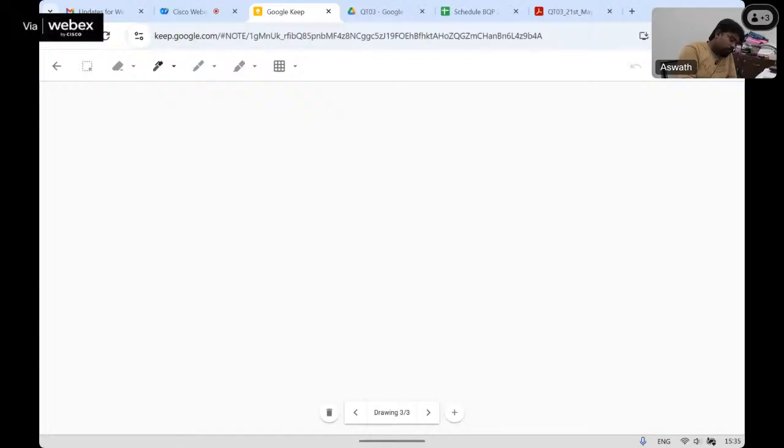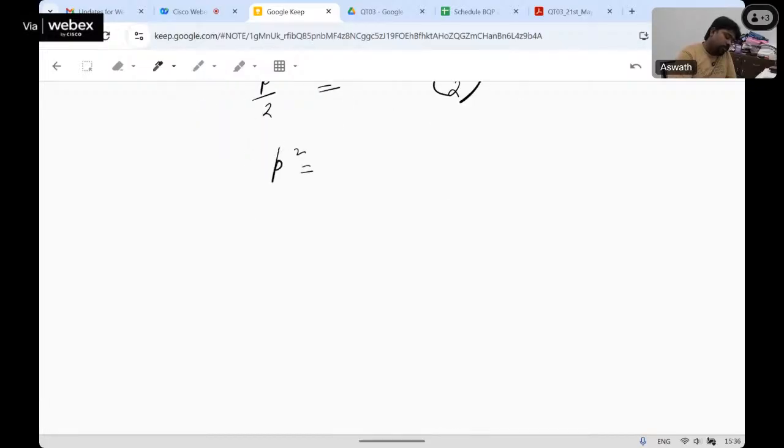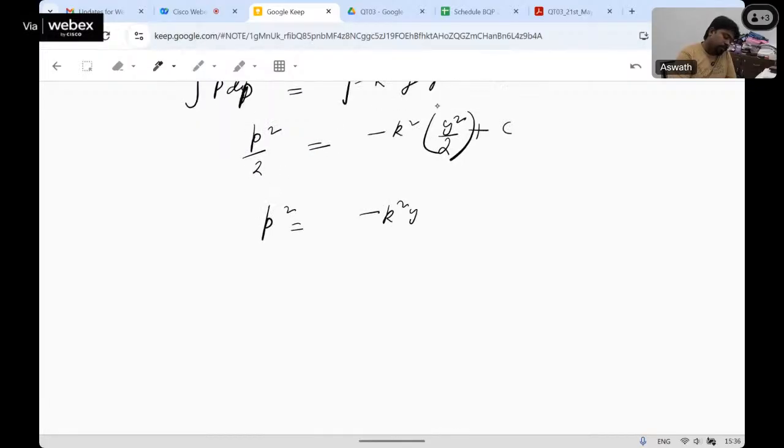So what I have here is the integral of dp equal to minus k square y dy, giving p square by 2 equals minus k square y square by 2 plus c. Which becomes p square equal to minus k square y square plus 2c.